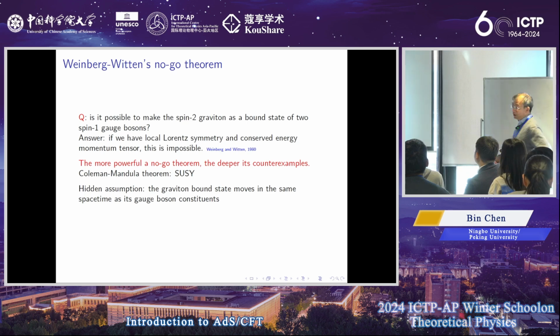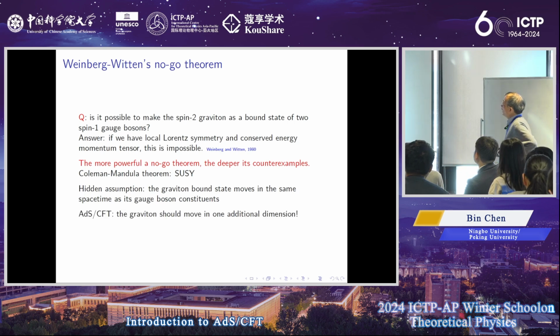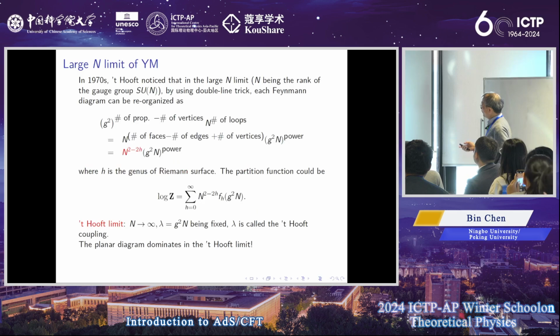But the AdS/CFT correspondence bypasses this no-go theorem in a very clever way. The graviton is not in 4 dimensions; it's in some extra dimension. So the graviton moves in one additional dimension. This is a very clever way to bypass the theorem.